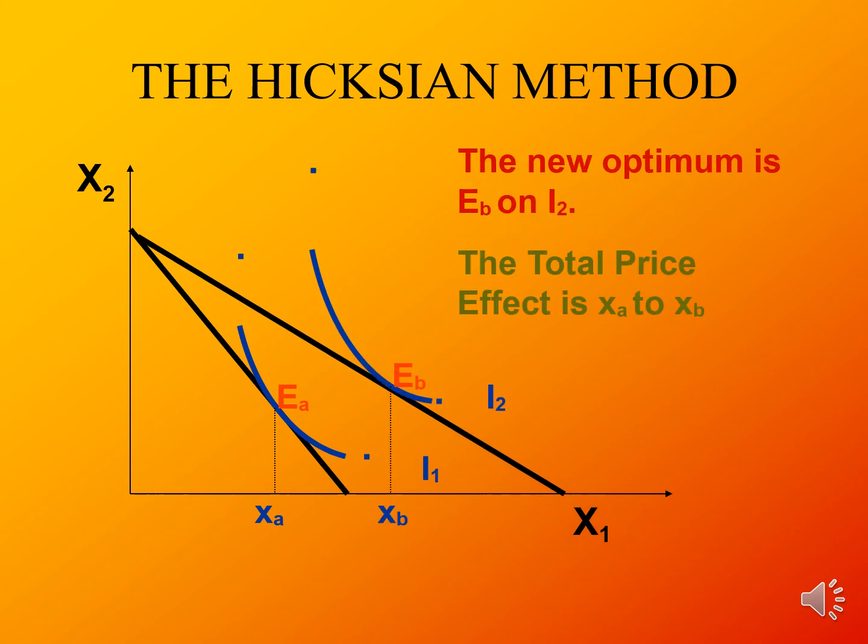So it is shifted to a higher indifference curve, and now the consumer equilibrium is at the point EB. So the previous consumer equilibrium was EA and the newly formed consumer equilibrium is EB. And the total price effect is XA to XB.